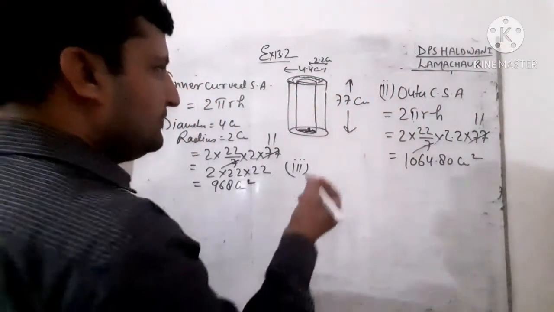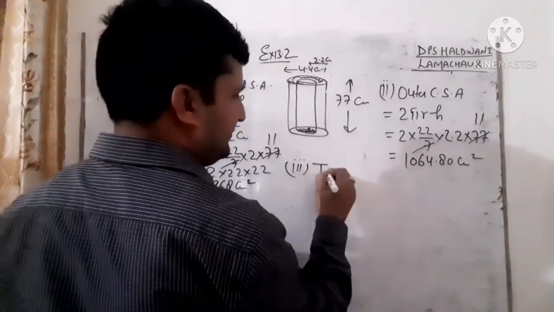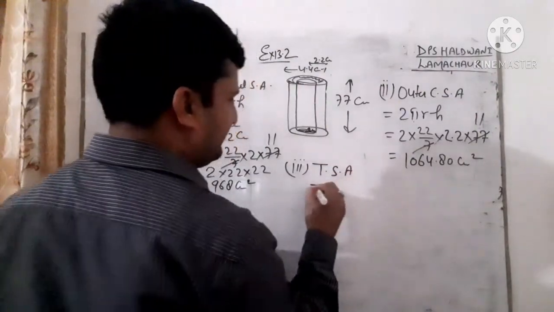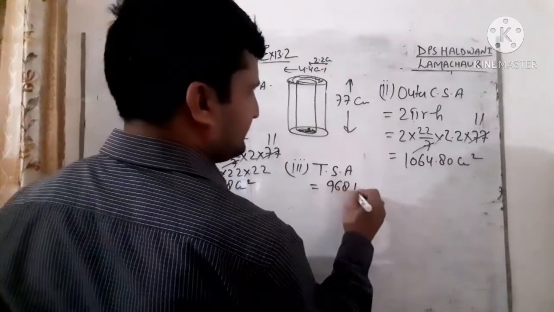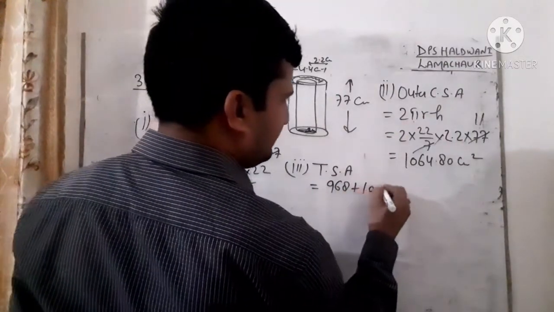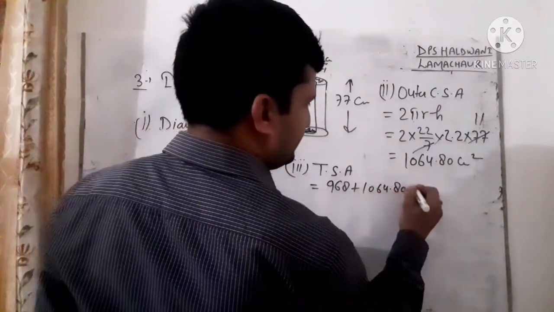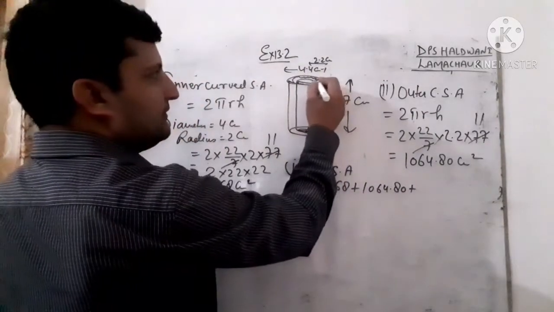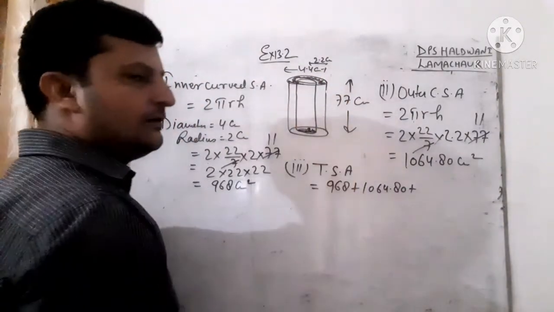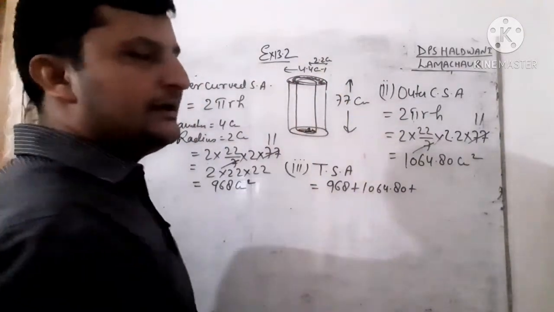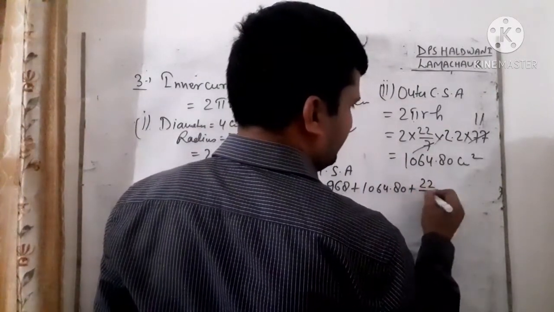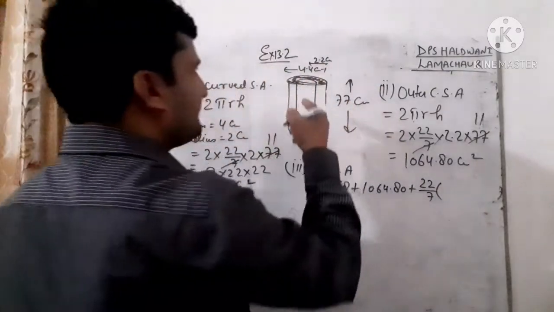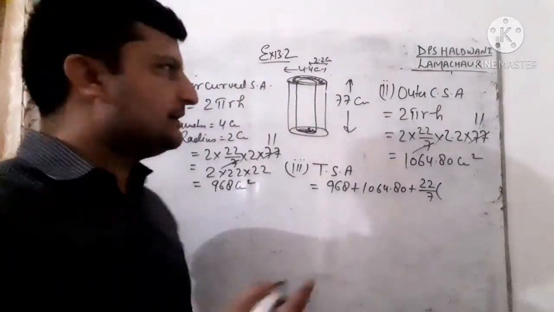So students, what can we do in the third part? TSA. TSA, how can we find it? TSA means CSA of first plus CSA of second plus this area also. How do we find this area? This will be a hollow type, means outer area minus inner area. So we can do it 22 by 7. Outer area is pi R1 square minus R2 square.